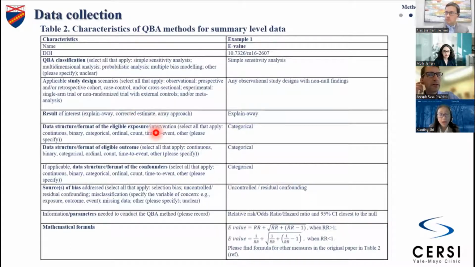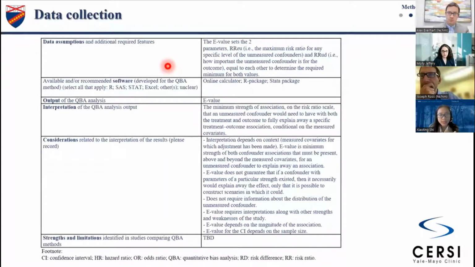Then the required data structure for the exposure, outcome, and confounders, what type of bias this QBA method aims to address, the required parameters, the mathematical formula, and the data assumptions behind it. Finally, the recommended software that's available, the output and interpretation of the output, and the considerations and pros and cons of these methods.